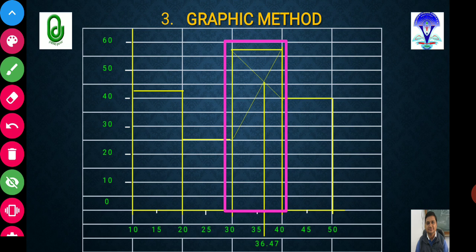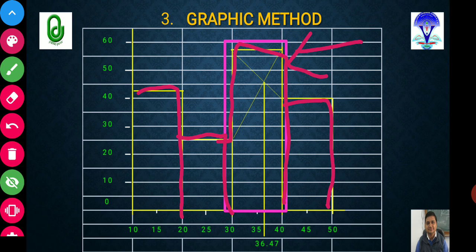And this is the actual graphic method. We have prepared the frequency distribution table, and with this pink mark we have identified the model rectangle.